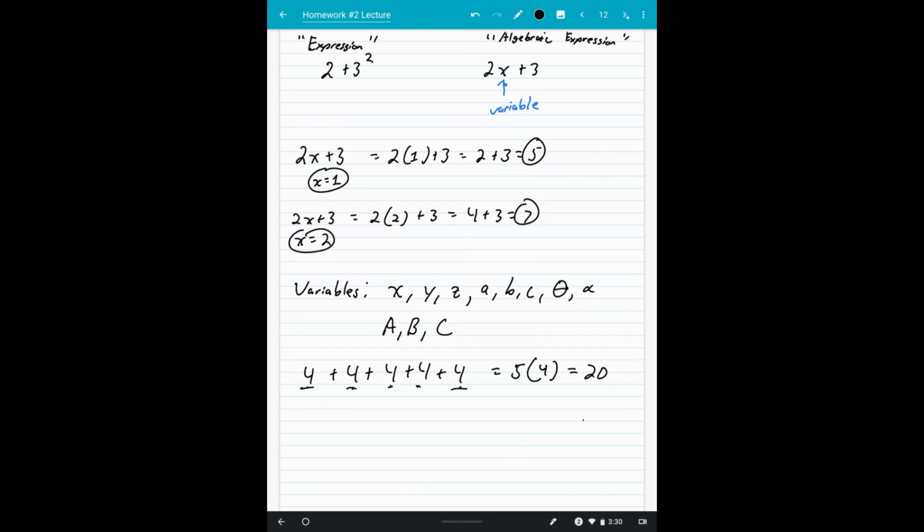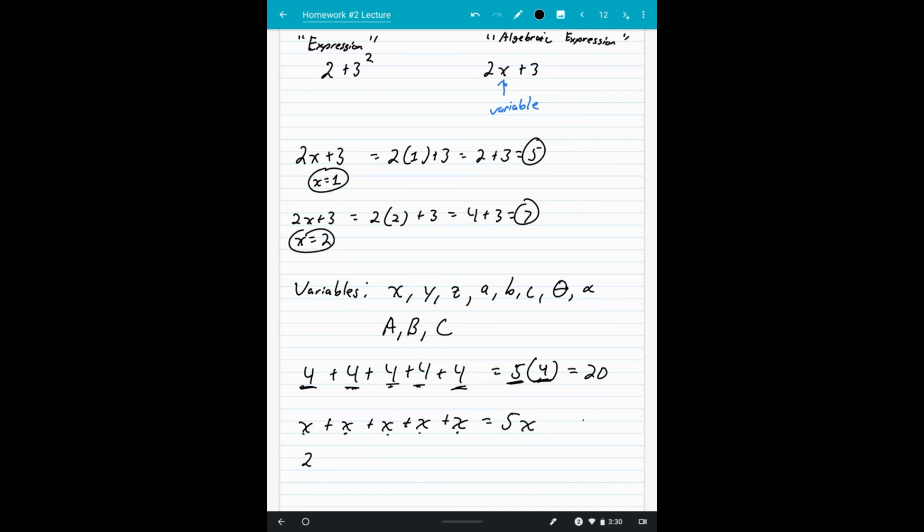Kind of goes off of that concept. If I have variables, though, instead, let's say I have x plus x plus x plus x plus x. Like here we had 5 4s. How many x's do we have? 1, 2, 3, 4, 5 x's. We just combine all the numbers in the front.